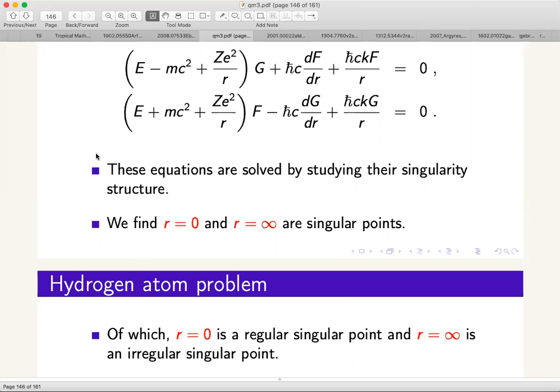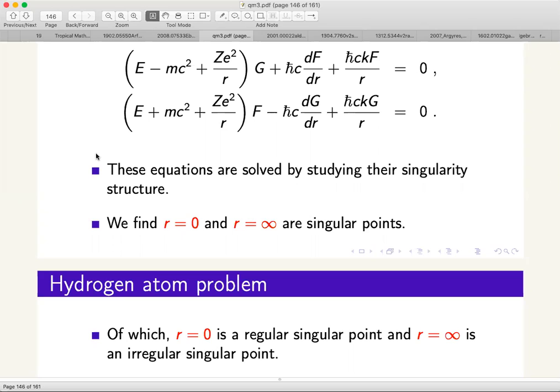So in this case you may have r minus r naught to some power sigma, and that sigma may not be an integer; it can be a fraction. In the hydrogen atom, sigma turns out to be an integer, but that is just a fluke. In fact, many differential equations in the neighborhood of a regular singular point don't have integer powers, and it is good from the physics point of view that they are not integer powers.